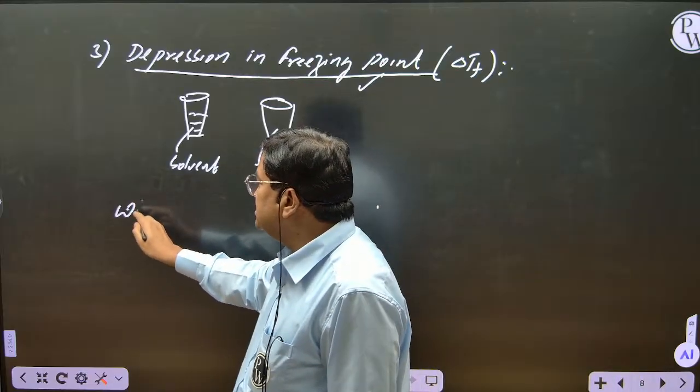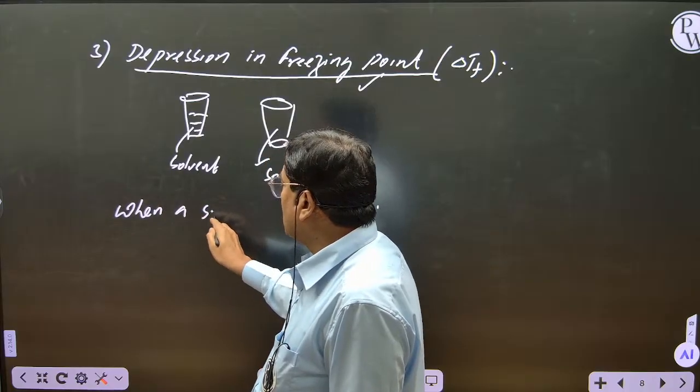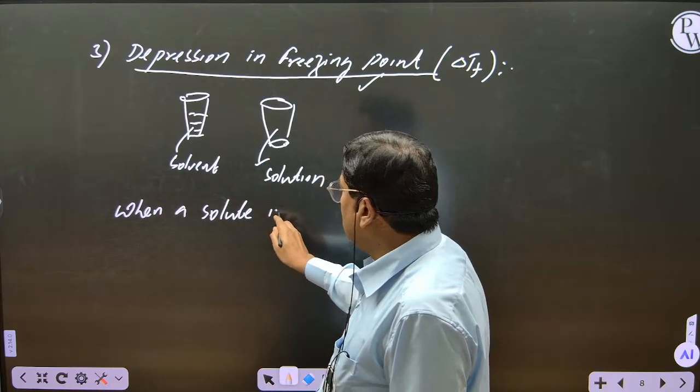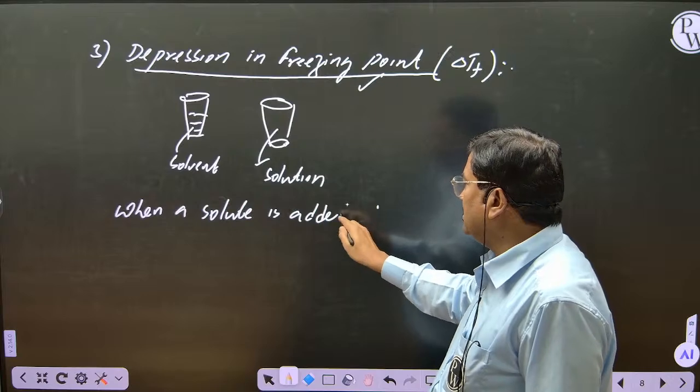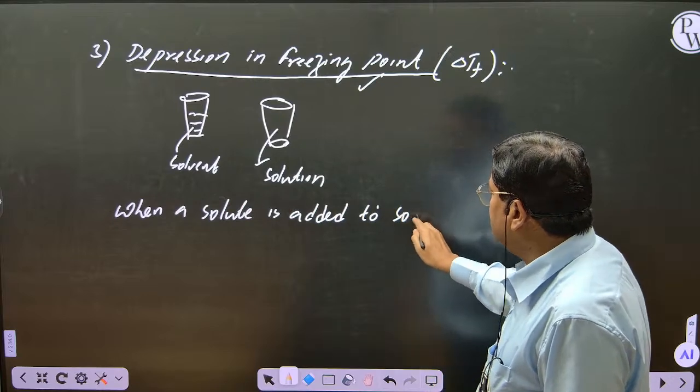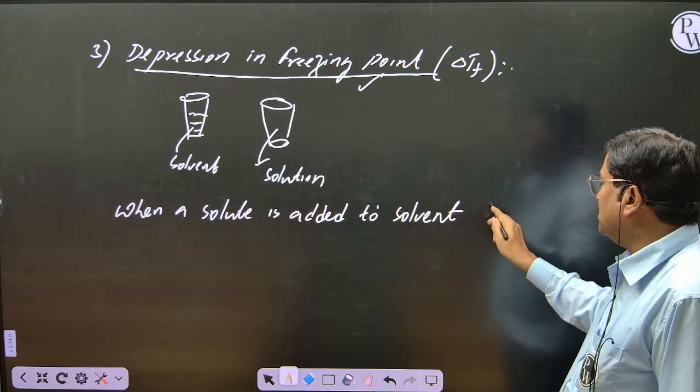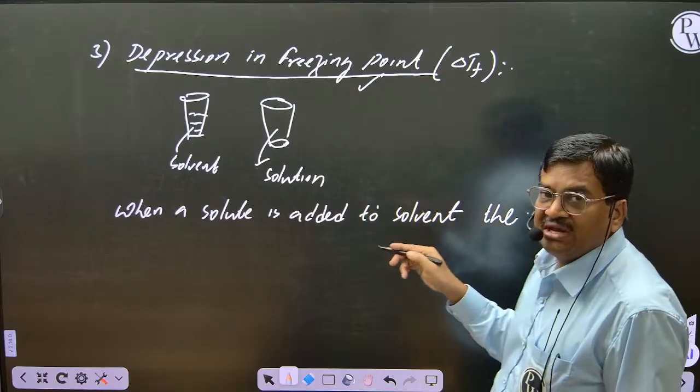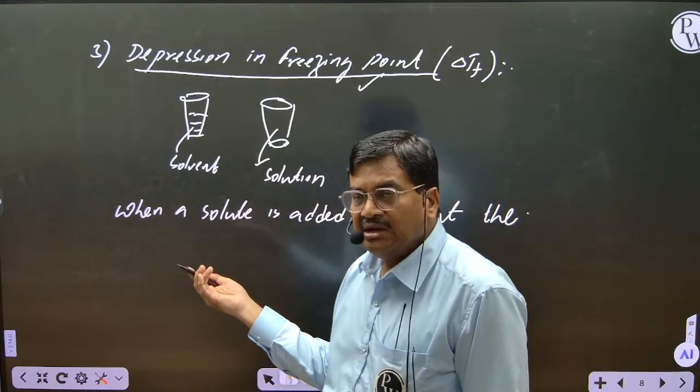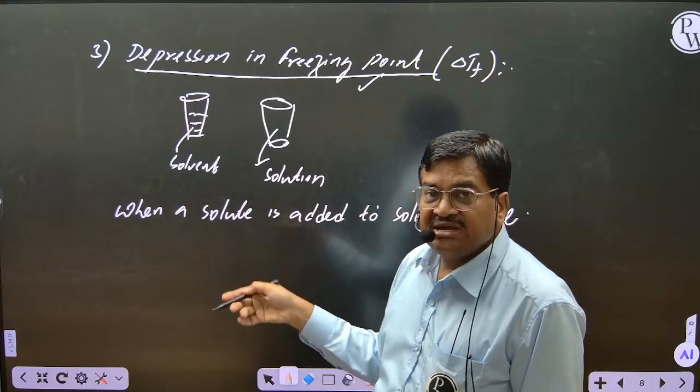When a solute is added to solvent, what happens to the freezing point of solution? The freezing point of solution gets depressed, means decreases.